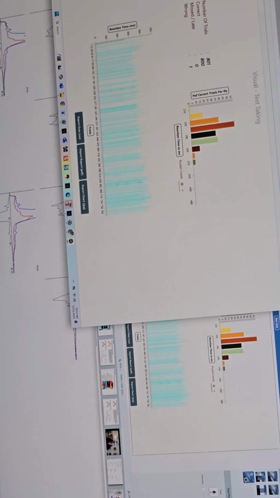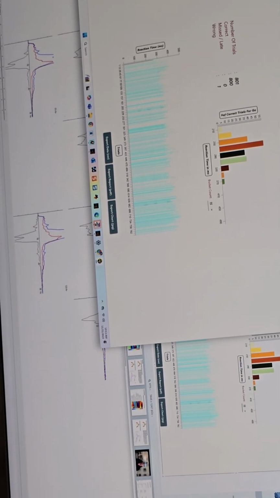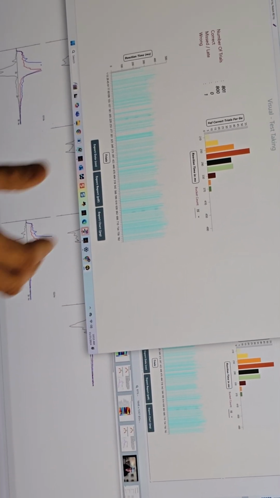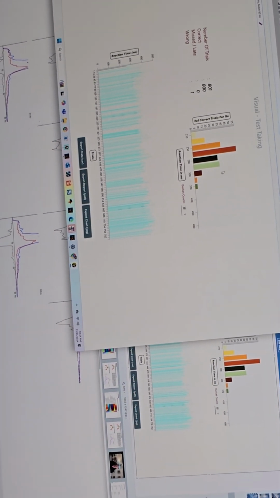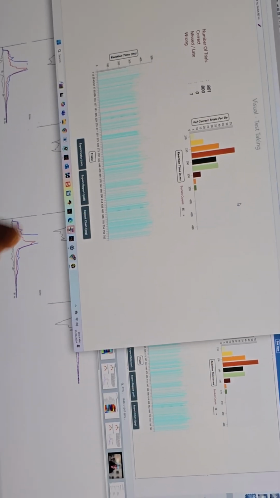You know what it is? It lost some data, so I don't think I have the actual analysis, because I had to recover the runs. Let's come back to this, I'll explain.